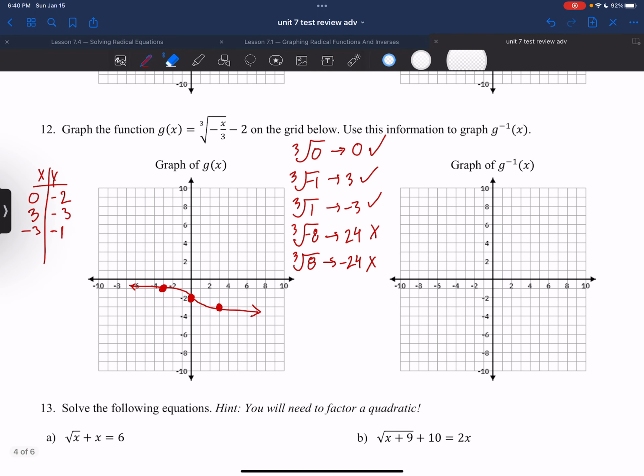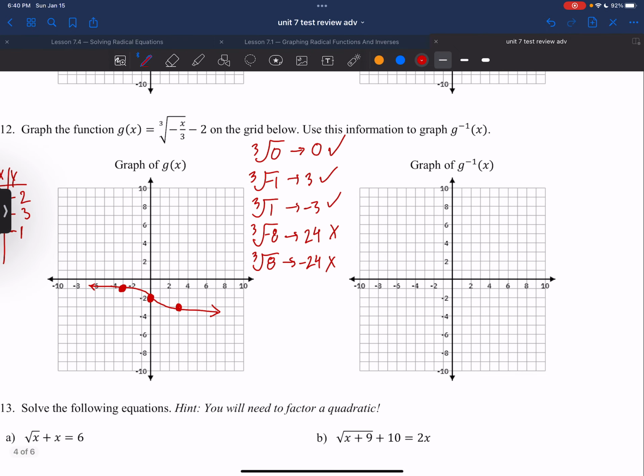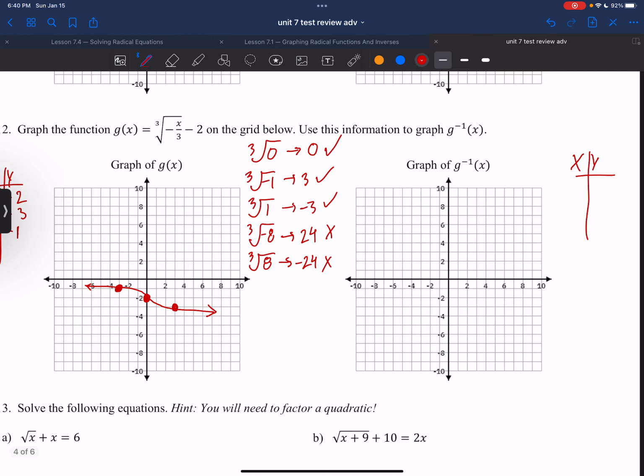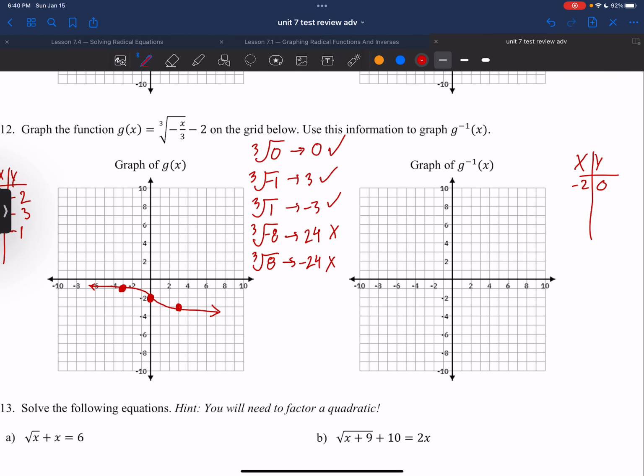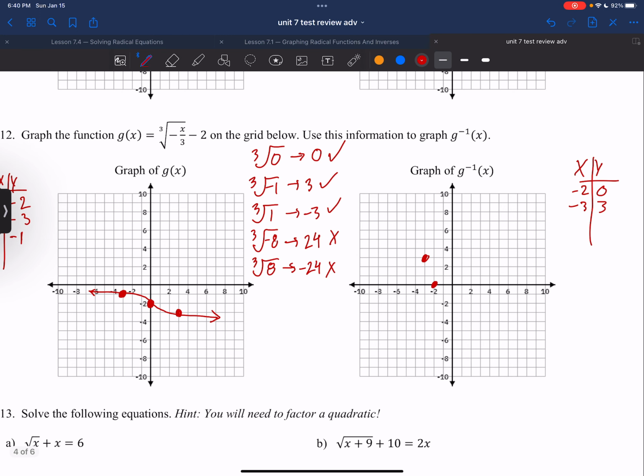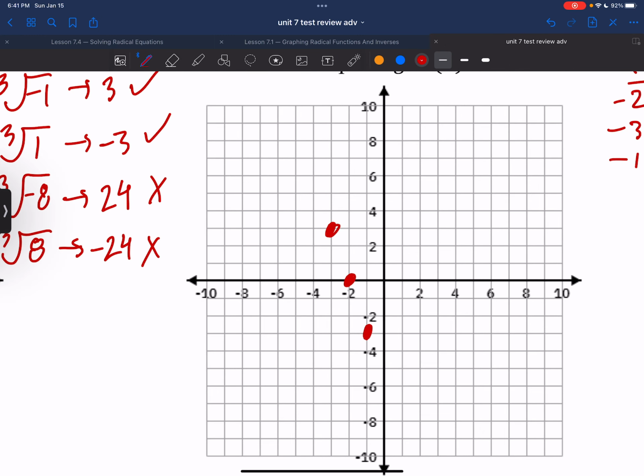Okay, so let's invert these points. Let's swap x and y. So it's negative 2, 0 right here. That's the new inflection point. And then negative 3, 3, and then negative 1, negative 3 down here. Again, let's split that up.